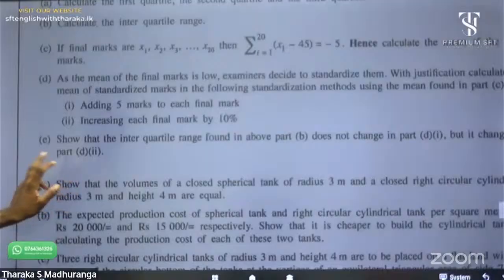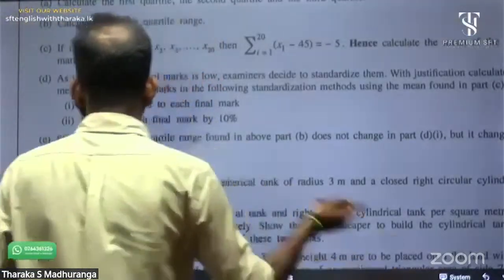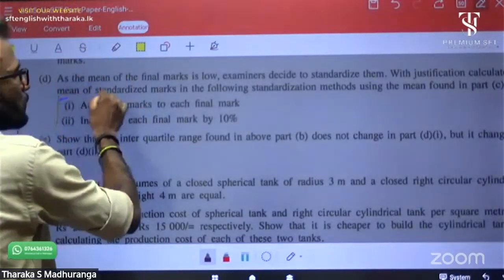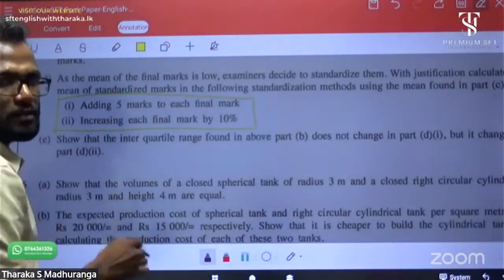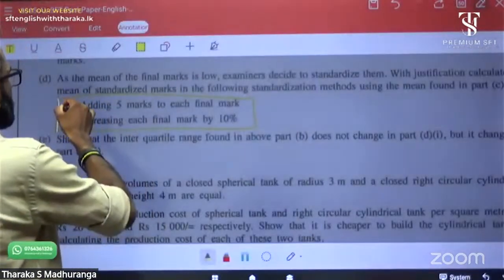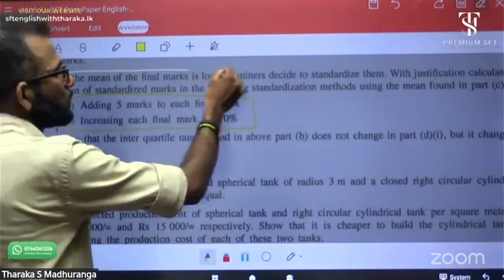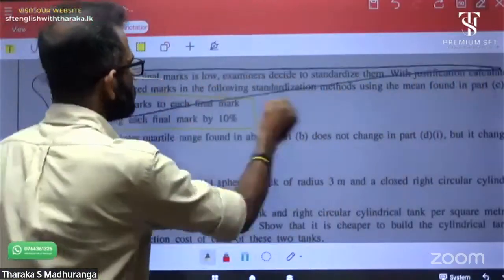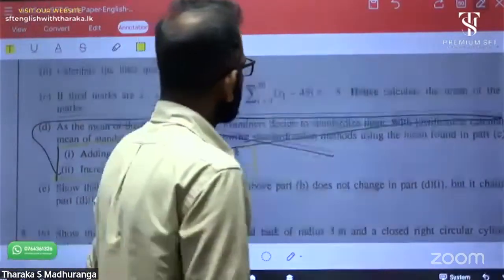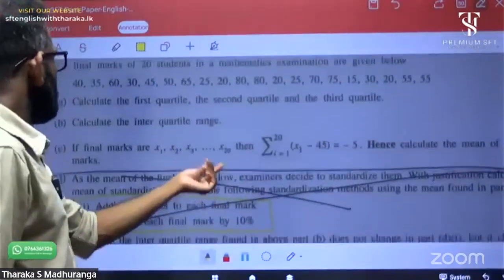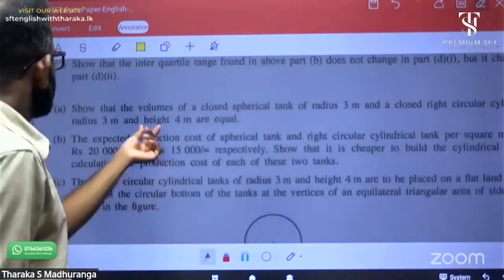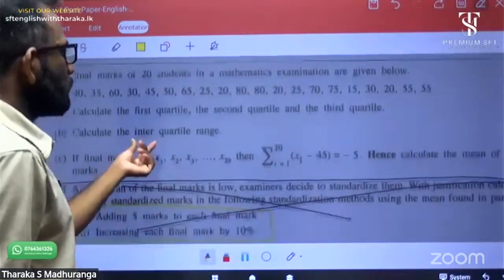Without these two questions, it is all syllabus. Please mark, without part D, the other parts A, B, C. It's a very short question.